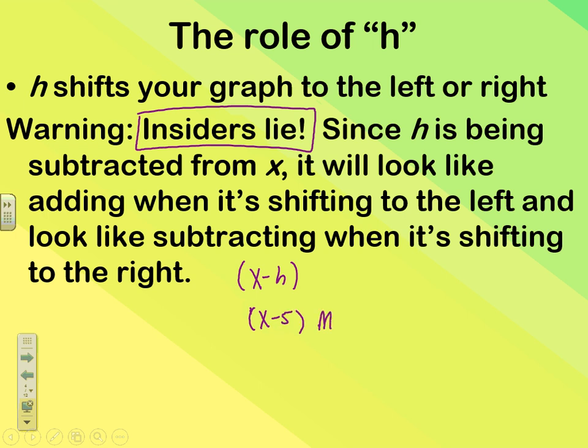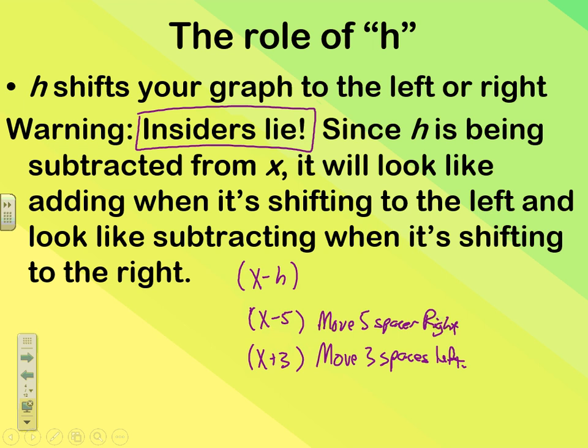That says move 5 spaces right. The minus 5 makes you think that we're going to go 5 spaces to the left. But no, the insiders lie. We go the opposite of what it says to do. So if it said x plus 3, that would move us 3 spaces to the left. So that's what they kind of mean by insiders lie.